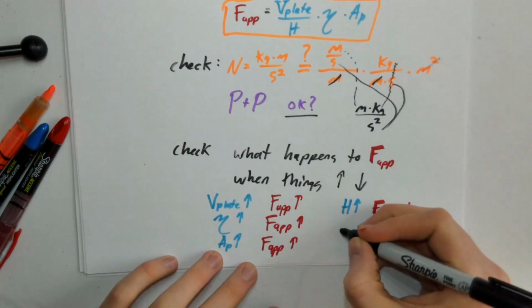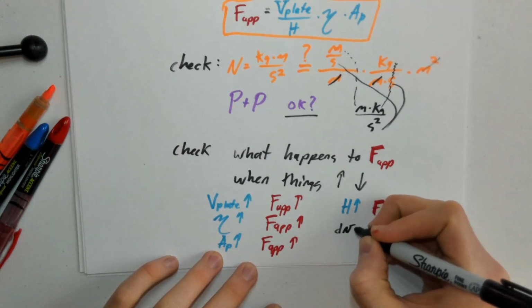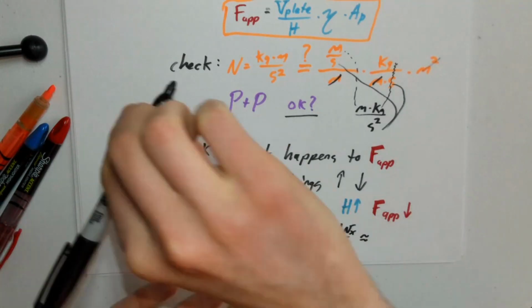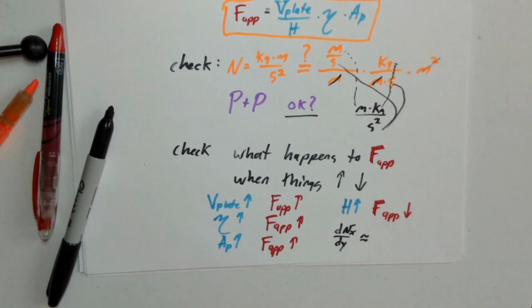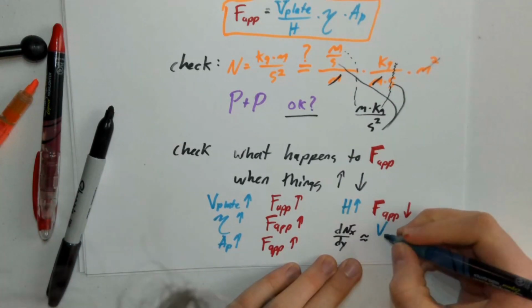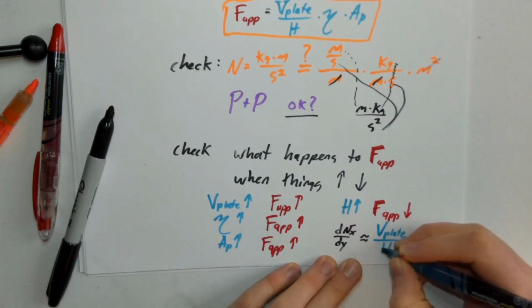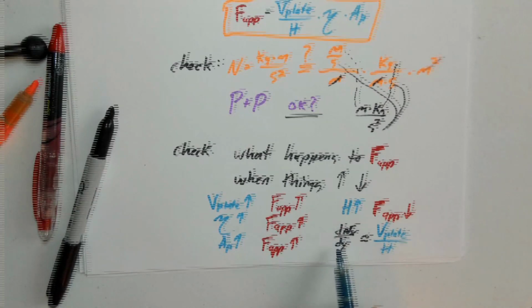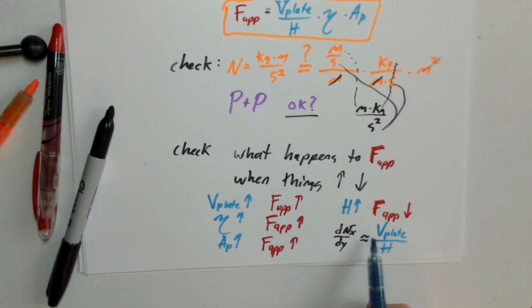For this particular problem, dvx/dy was basically the same as v plate divided by h. This problem just worked out nicely in that our velocity gradient happened to essentially be delta v divided by delta y. So dvx/dy is sort of the same as delta v over delta y. For this problem, the bigger your h, the smaller your velocity gradient.